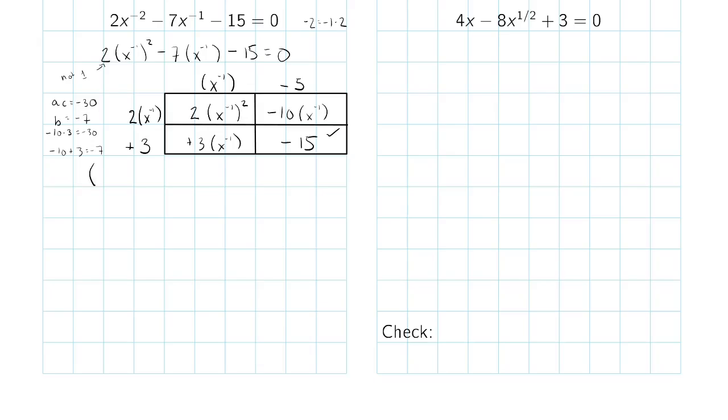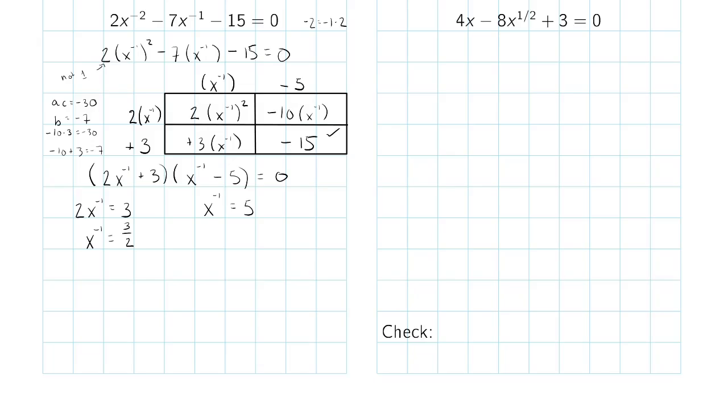My not quite a polynomial factors as 2 times x to the -1 plus 3 times x to the -1 minus 5 equals 0. One of my factors has to be 0. Either 2 times x to the -1 is 3, or x to the -1 is 5. Dividing both sides here by 2, x to the -1 is 3/2.